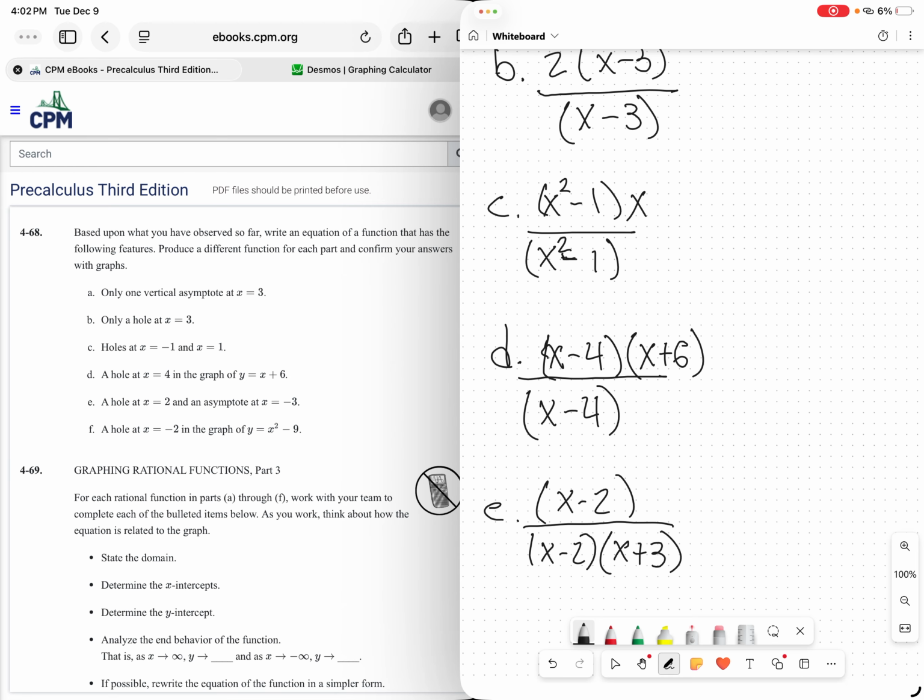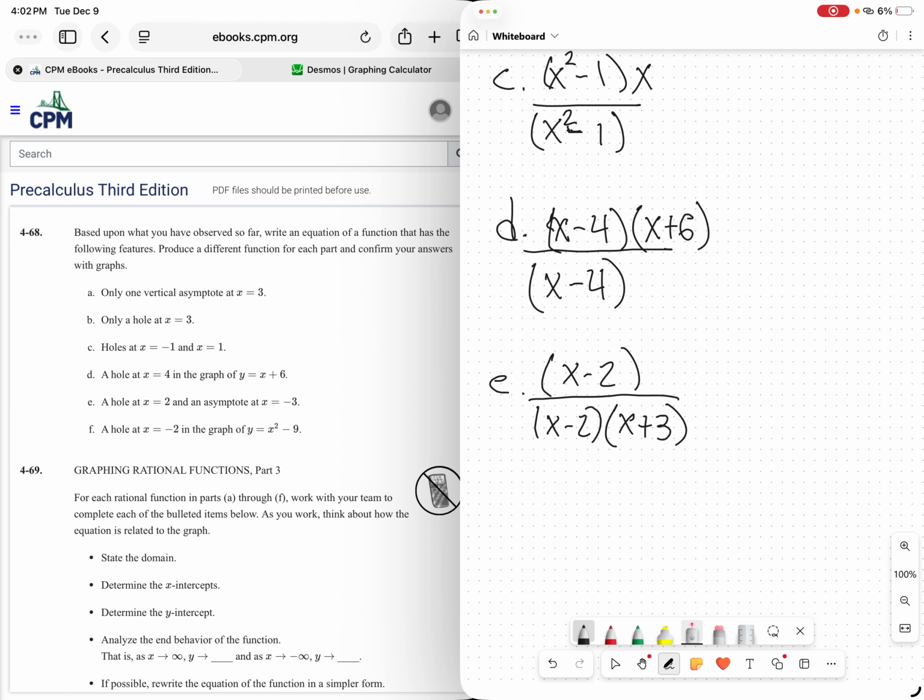So again, the hole cancels, and then it leaves us our vertical asymptote there. Okay, F. We have a hole at negative 2. So x plus 2 is going to cancel. That's our hole. And then the graph of x squared minus 9. Awesome.